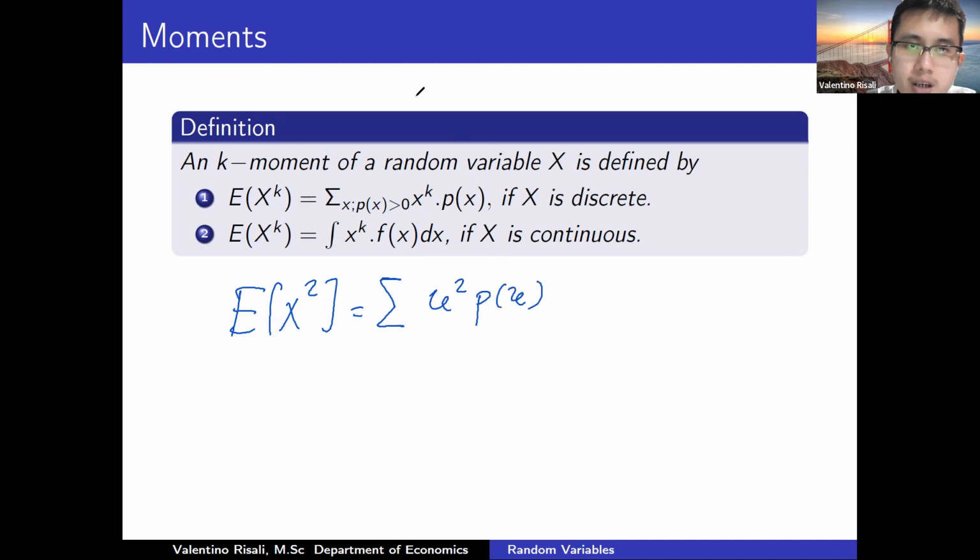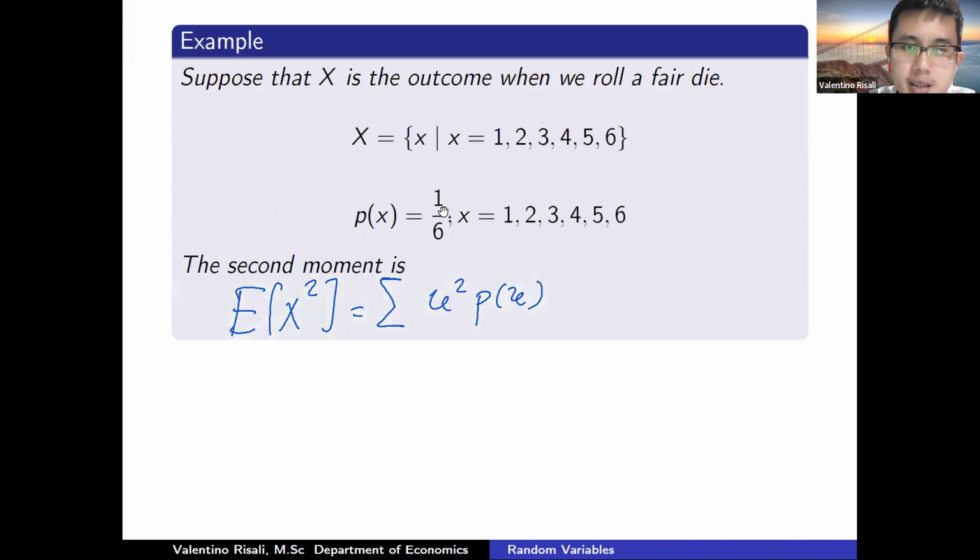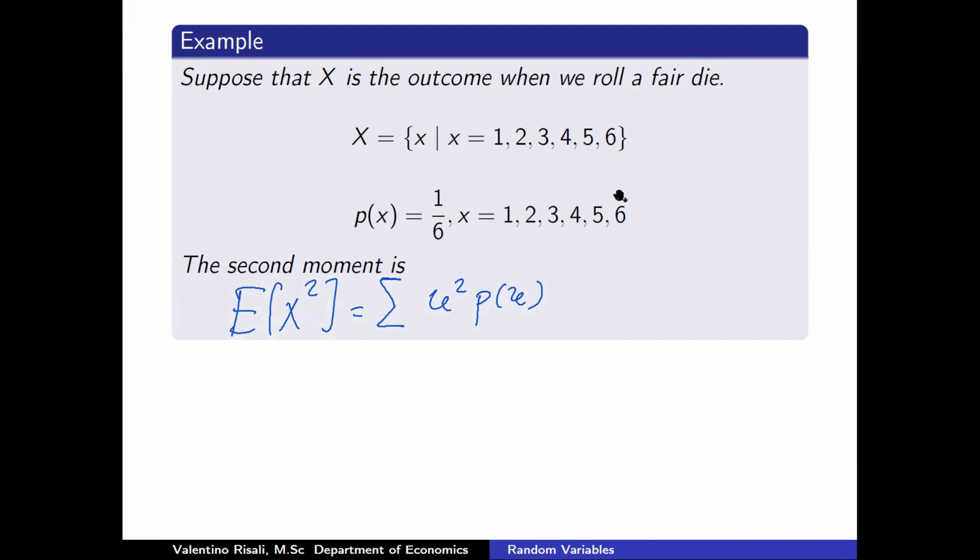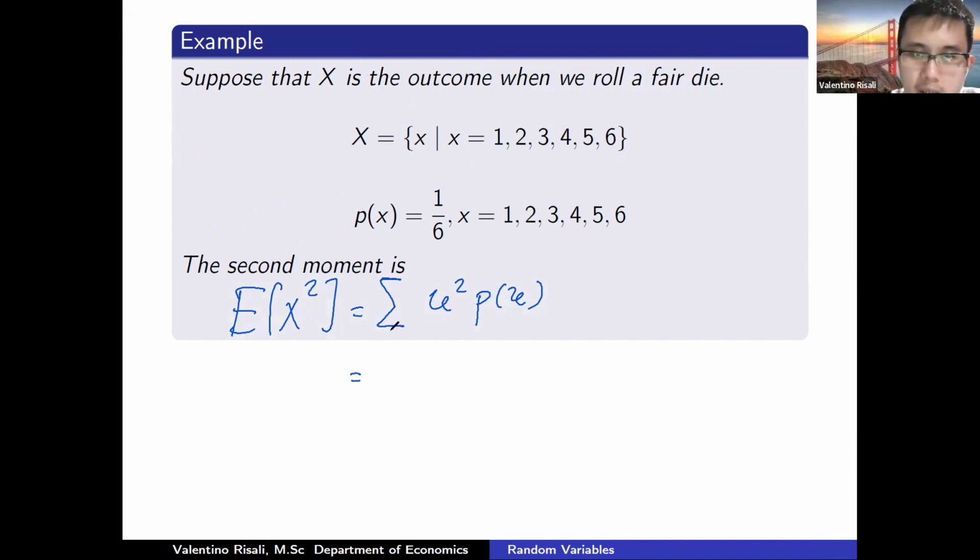And what are the values of x? We have x from 1 until 6. For example, 1 times 1 divided by 6, and then 4 times 1 divided by 6, and then 9 times 1 divided by 6, and so on.